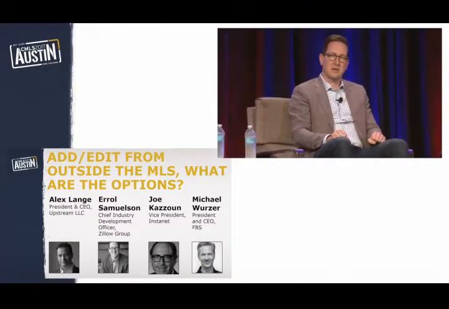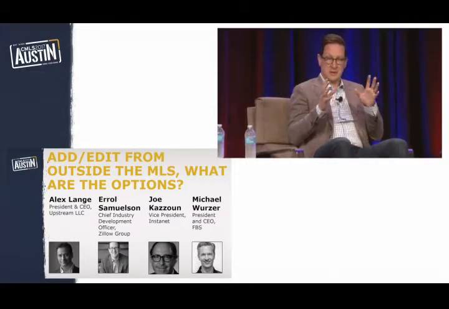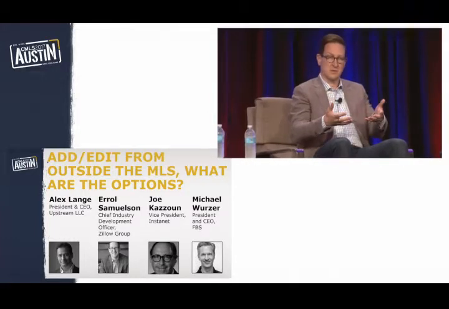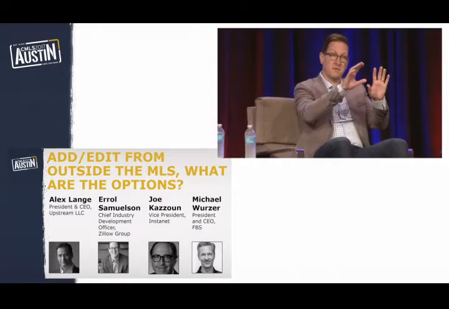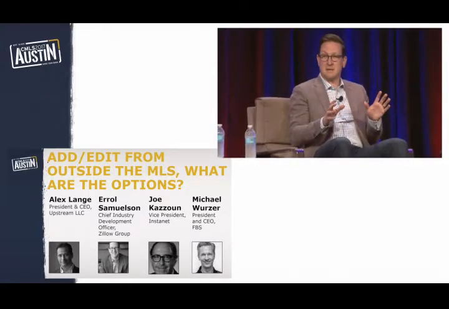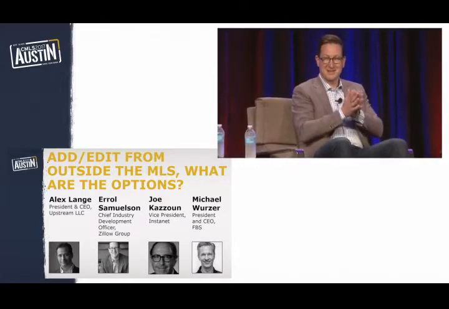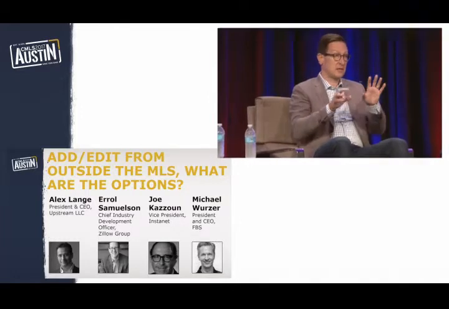And even with the photos, one of the things that for us was surprising is we just assumed that when the agent or their assistant uploads the photos for a listing, they would want the same photo order for each MLS. And for reasons I still don't entirely understand myself, the agents have said, no, I'd actually like to have different photo order in different MLSs.